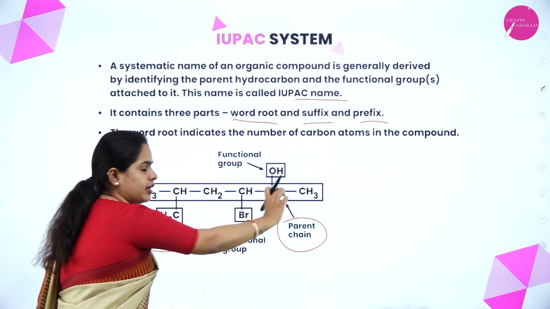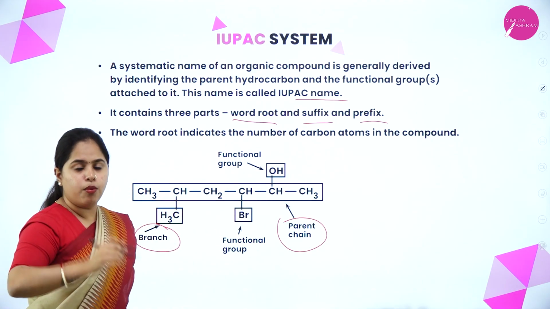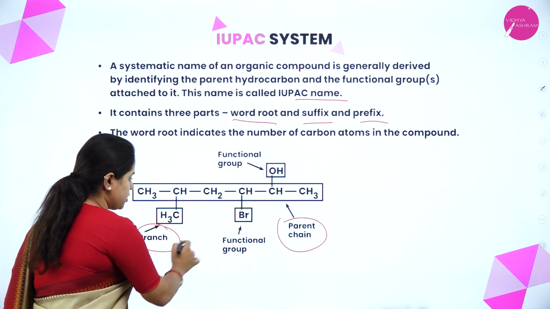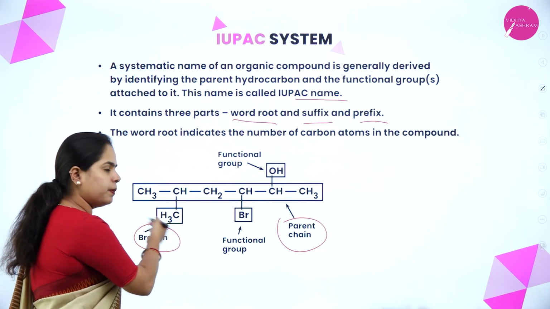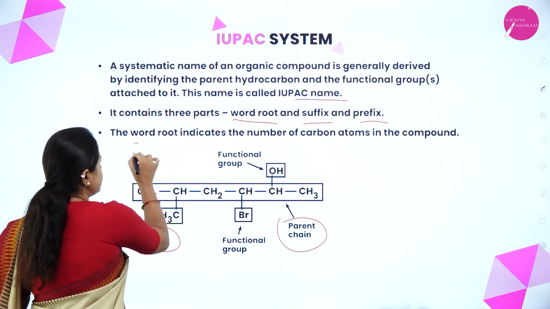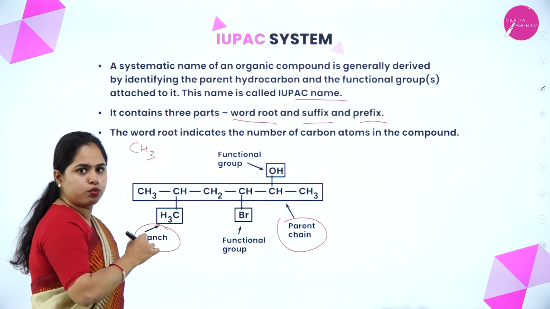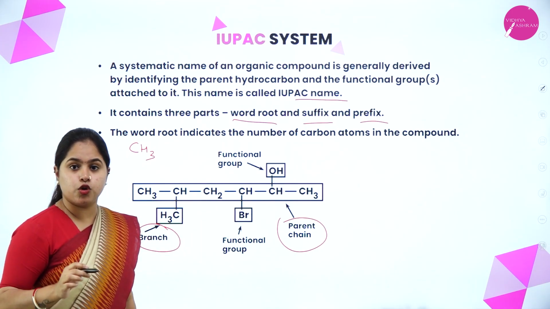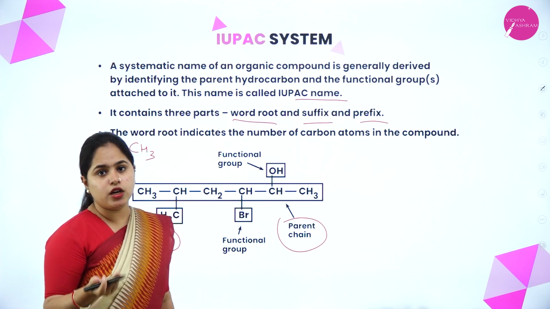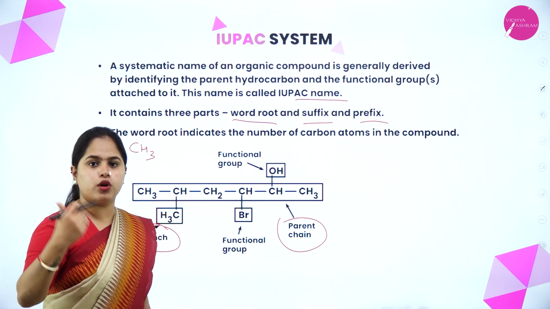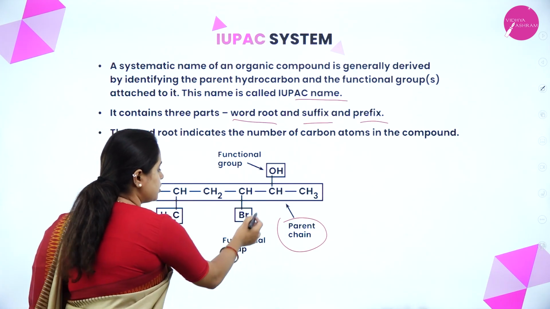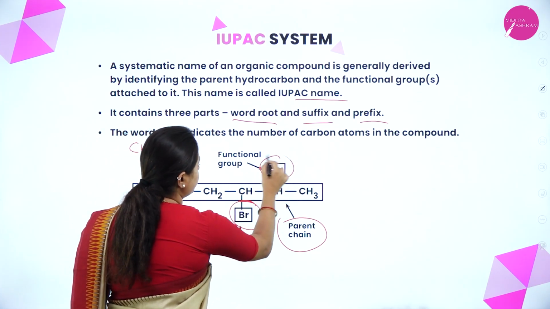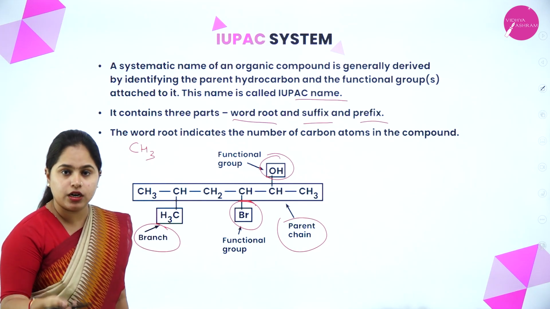From the parent chain, any other bonds you are able to see are called branches. This first branch is a methyl group, CH3. The next one is bromine, which is a functional group. We studied under functional groups that halogens are functional groups: fluorine, chlorine, bromine, iodine. Now another functional group is there, OH, the alcohol functional group.